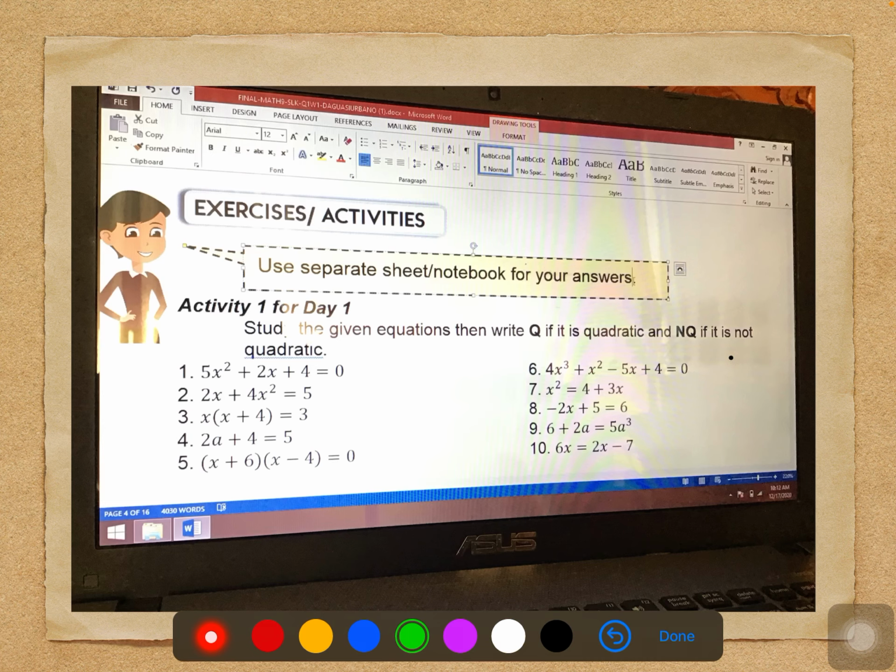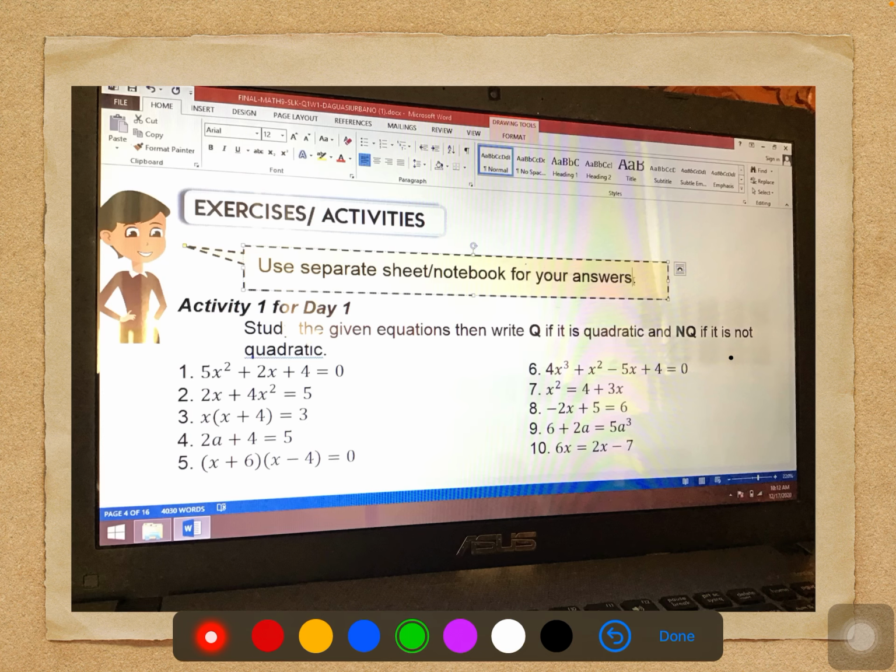Okay, so what you see on your screen is basically a graph from the first pages of your SLK for quarter 1. You have there 10 items, and each item you are going to classify whether they are quadratic or not quadratic.